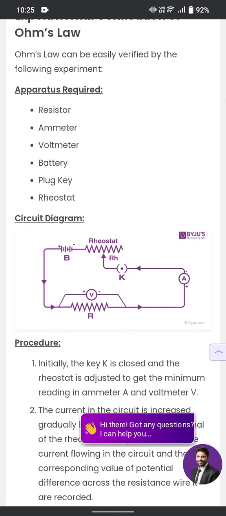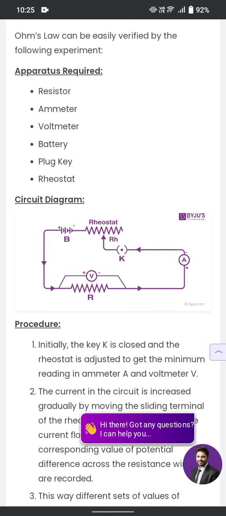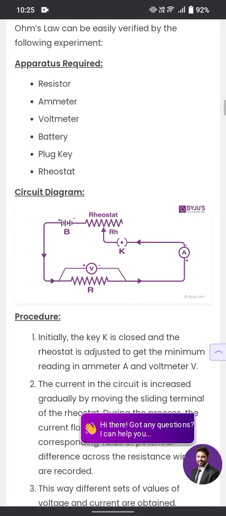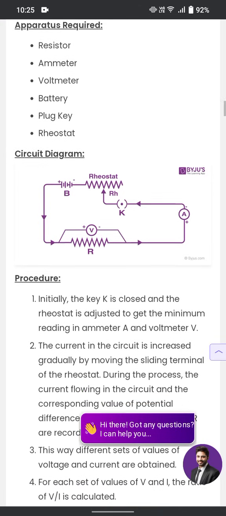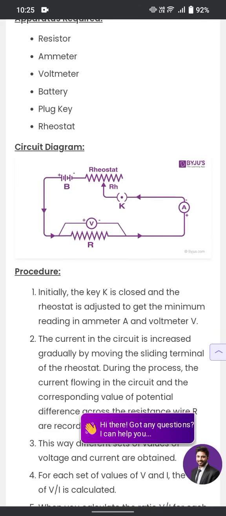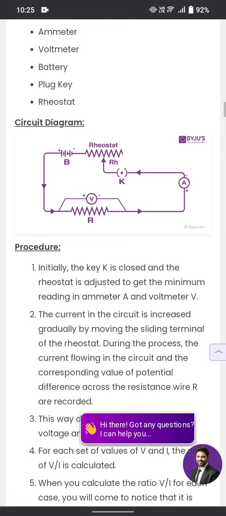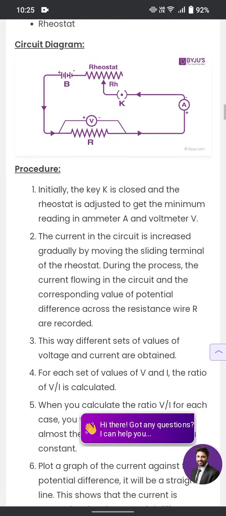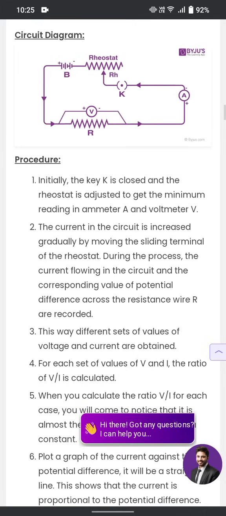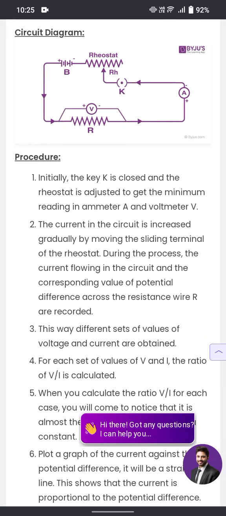Apparatus required: a resistor, ammeter, voltmeter, battery, plug key, rheostat. Procedure: initially the key K is closed and the rheostat is adjusted to get the minimum reading in ammeter A and voltmeter V.